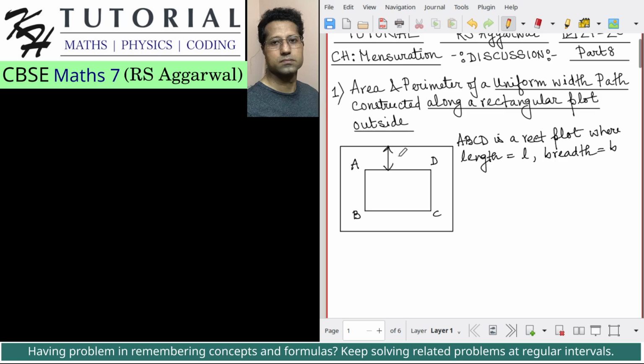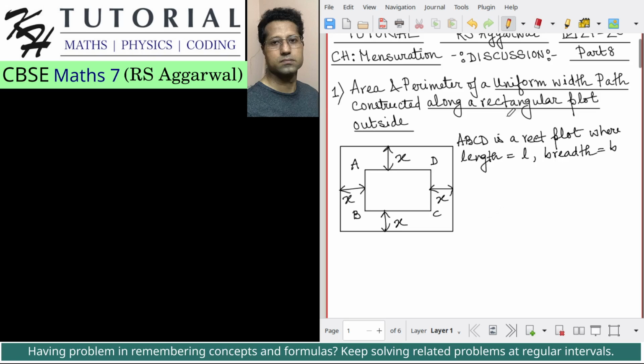Let's say this width is x units. This also will be x units. Since the path is uniform, the width of the path is the same all around the rectangular plot. Let it be x units. So the path has a uniform width of x units.